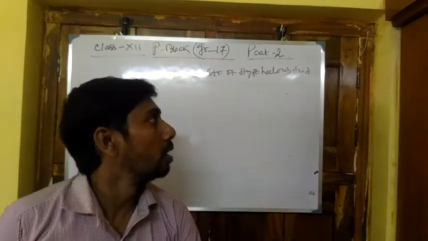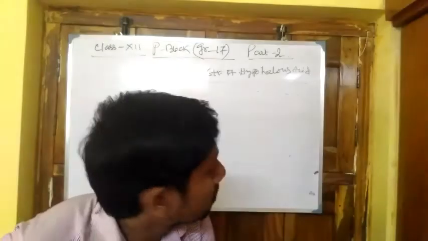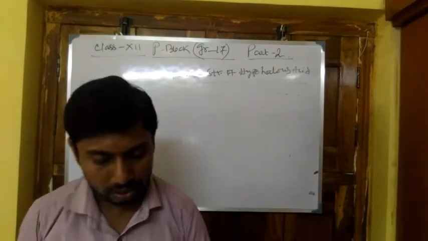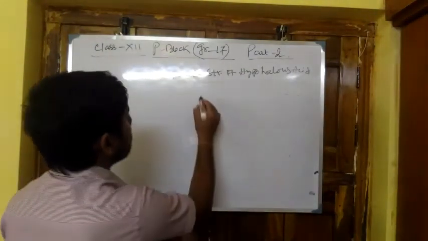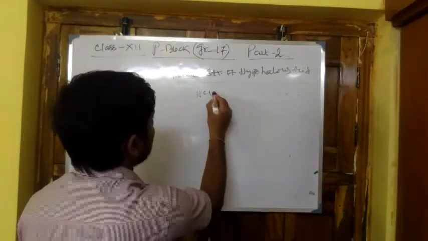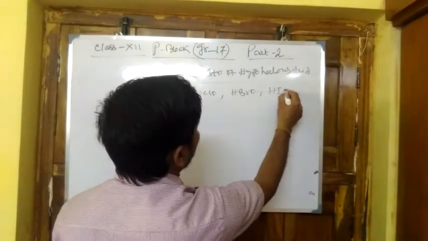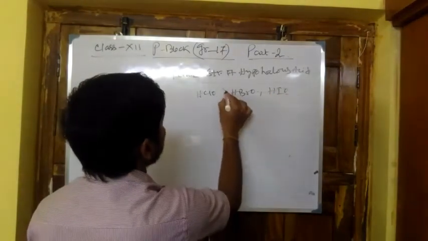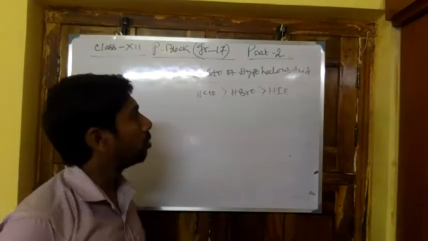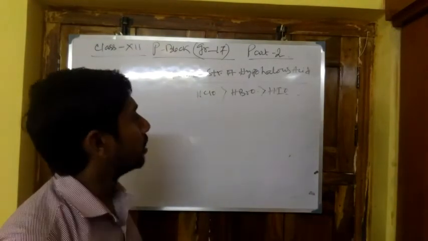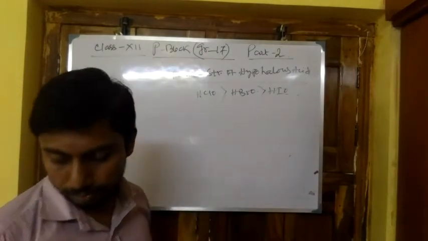What is the principle? As the electronegativity of the halogen atom increases, its acidity also increases. So we can predict the same around HClO, HBrO, HIO. So the acidity is maximum for HClO and minimum for HIO. The principle is that the electronegativity is highest here and it is the lowest here.